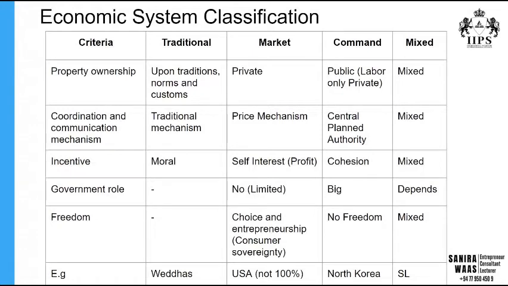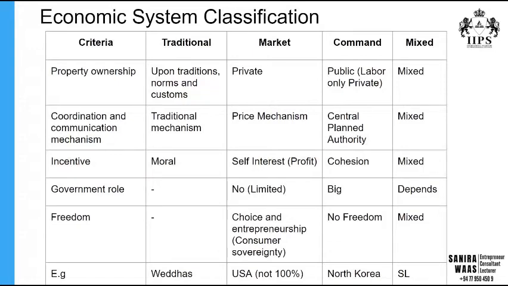Here, no one says there is a specific way to identify the property ownership. That is the specialty of traditional economic systems. To be honest, in practice, these traditional economic systems are rather less prevalent in the modern world. They are also fading away with time, where now the world has shifted into the latter part of the economic classification: market, command, or mixed.